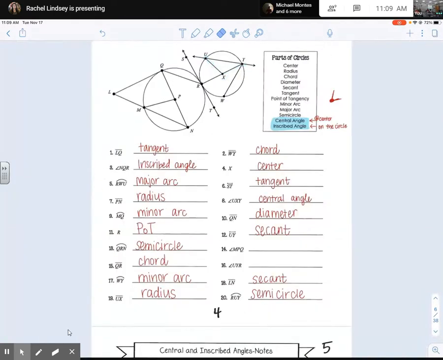Then MPQ, central or inscribed? Central. It goes in the center. And then UYR, inscribed, because the vertex is on the circle.